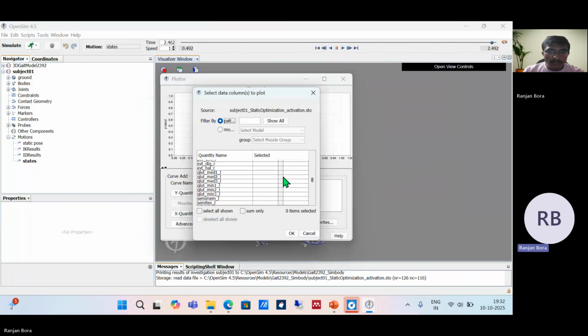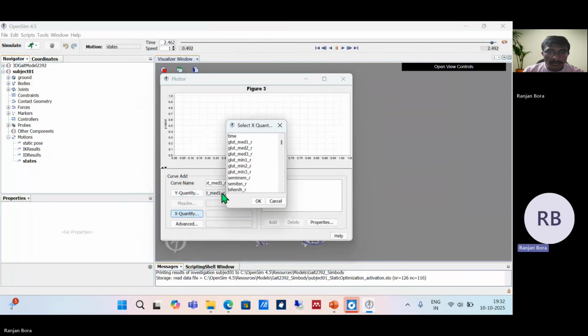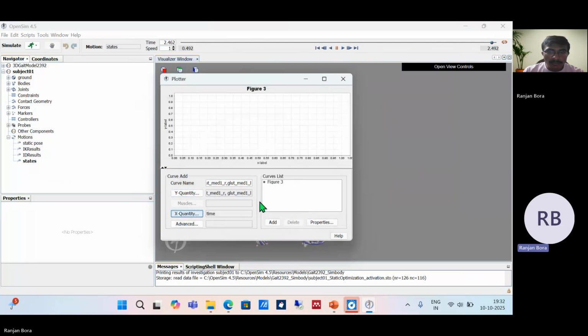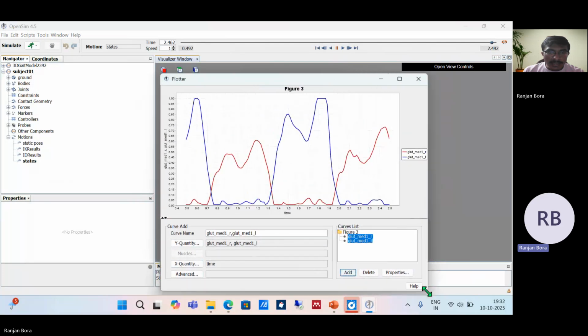So I will plot it for gluteus medius, left and right. Gluteus medius on left. Gluteus medius on right. Okay. The next quantity will be time. Okay. And so you can see this is the plot for muscle activations for the walking activity.